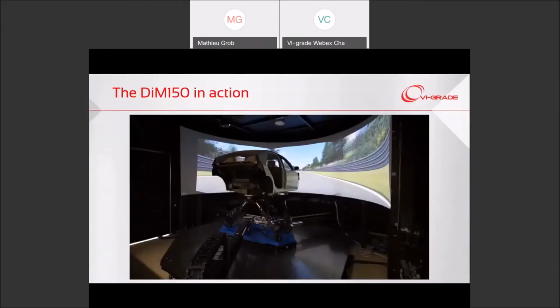To illustrate that, here is a very short video showing the DIM 150. 150 stands for 1.5 meters of workspace available both in X and Y, doing a quick lane change maneuver.